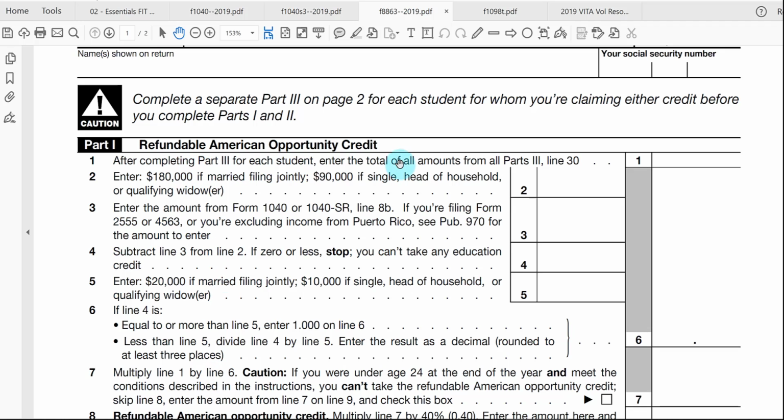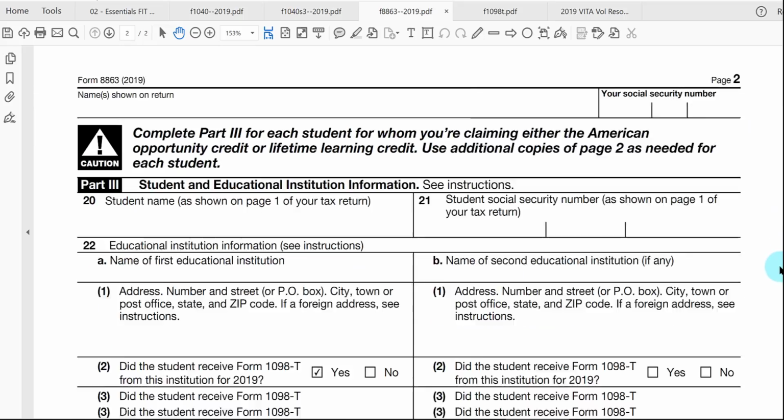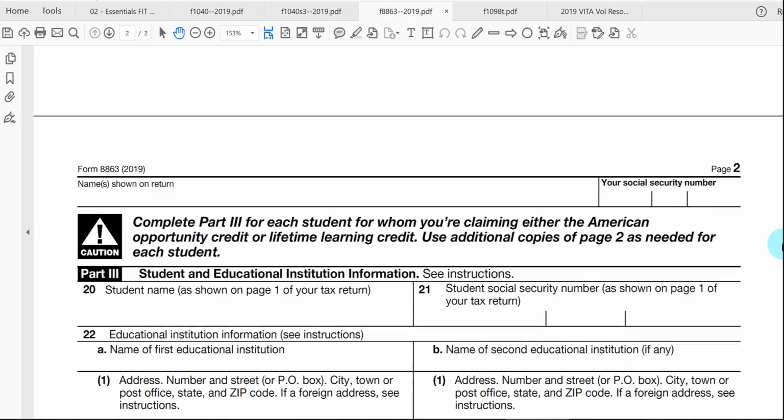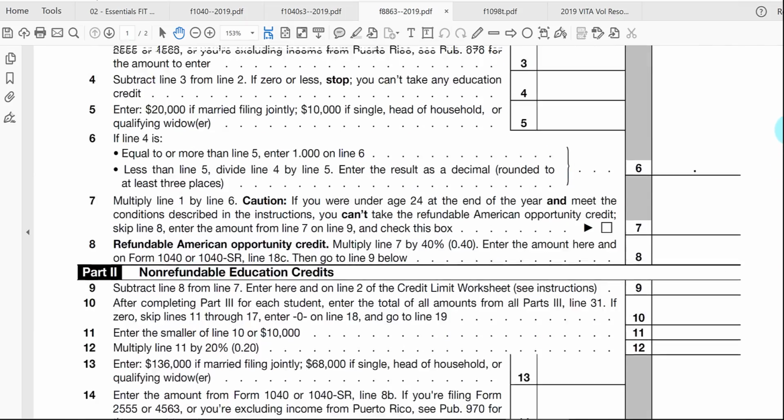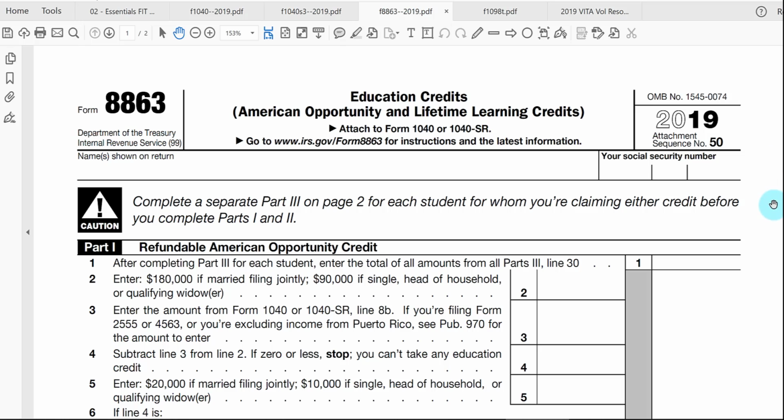Up here, we're going to put in that tentative credit for all of the students you're reporting on your return for the American Opportunities credit. Remember the backside, you're doing one of these page twos for each student. Now you're summarizing all of those students here on the front of the first page of the 8863 form and the total of the American Opportunities credit. But they're not going to make it simple for you.